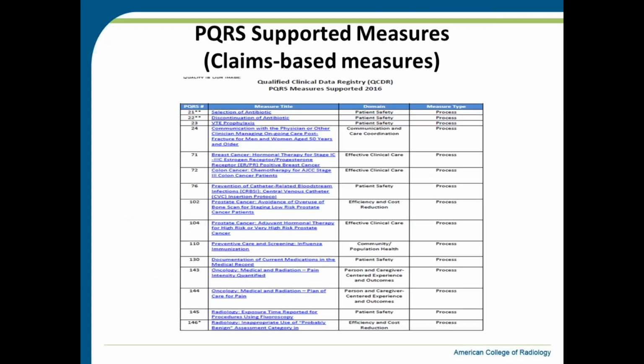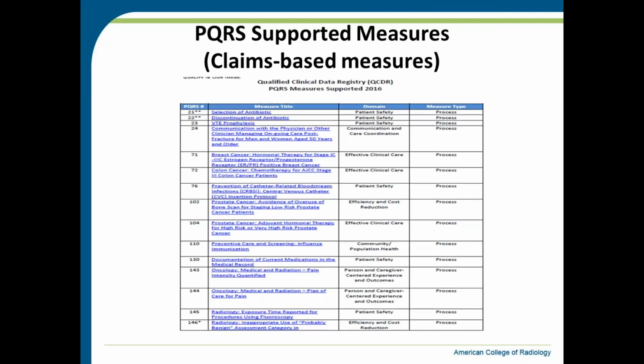Here we have, of course, with that amount of measures, documentation to support what the measures are that we support. We give you information about their domain area, since that's a core component of the reporting requirements, as well as what types of measures they are. For the PQRS supported measures or the claims-based measures, we have a total of 41 of them.